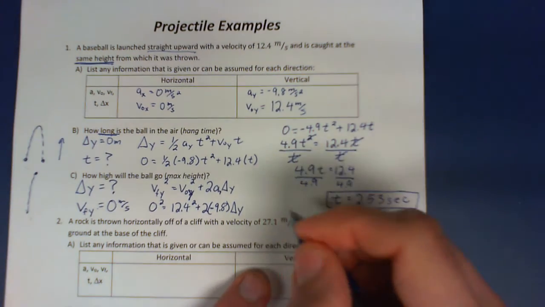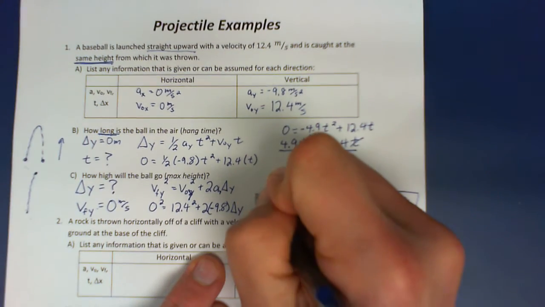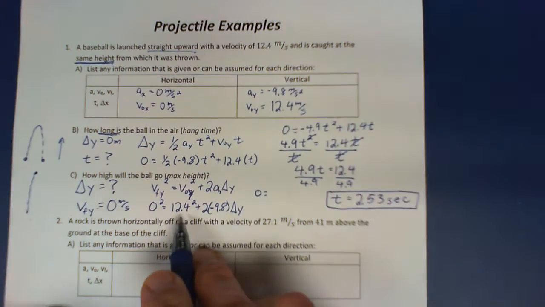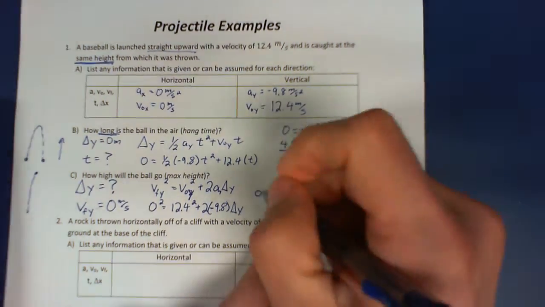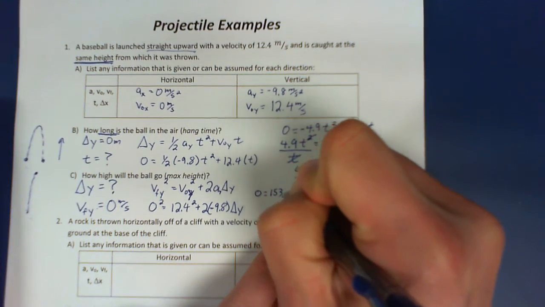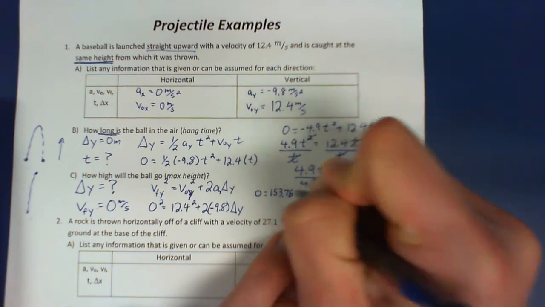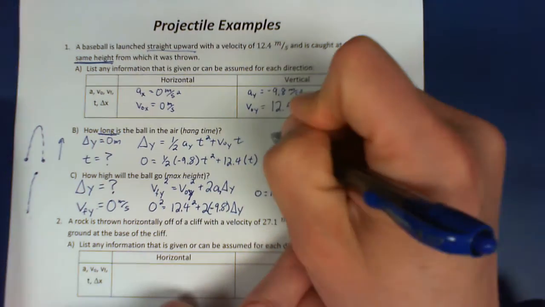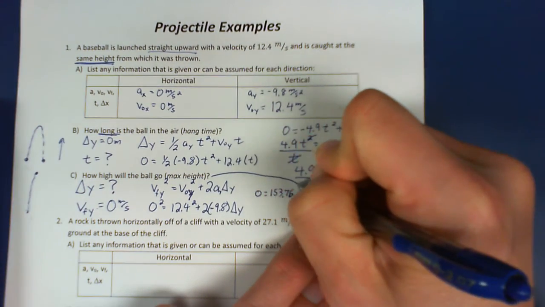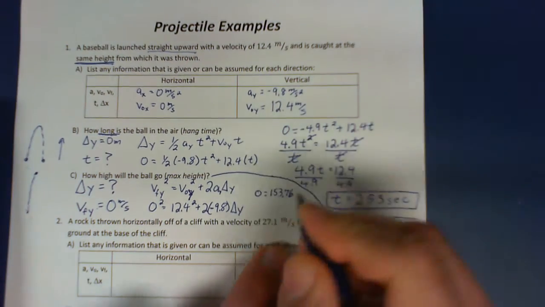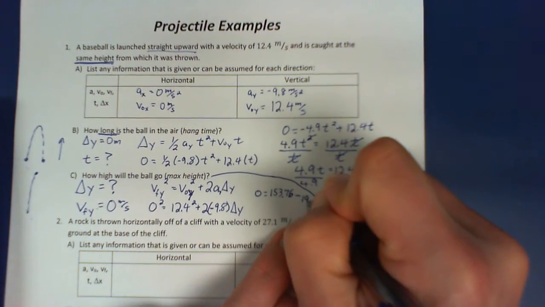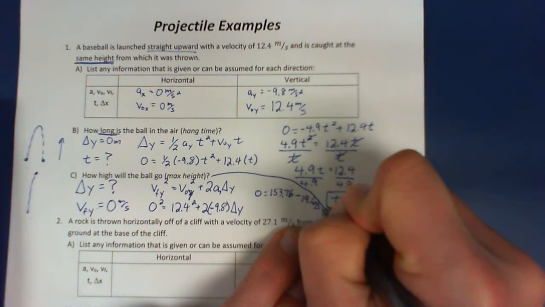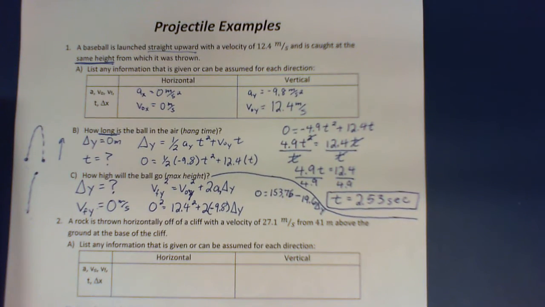Okay, so running out of room here, I got 0 equals 12.4 squared. 12.4 squared is going to be 153.76. All right, so separate problem here. And then that's going to be plus a negative 19.6 times the displacement.